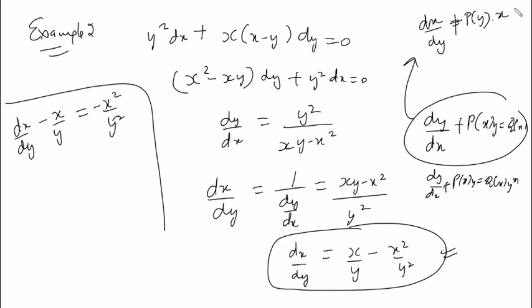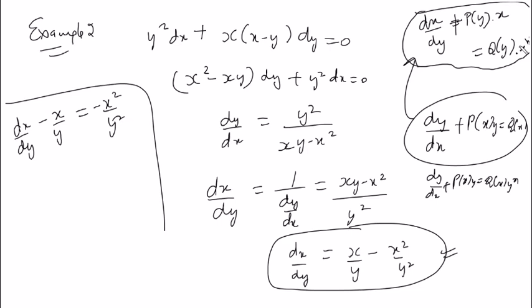Just as here it is a function of x into y, we are swapping the roles of x and y, so some function of y will be there into x, and on the right hand side again q will be a function of y into some power of x, which I am writing in general for Bernoulli's, that covers both. Now if the power of x is not present, obviously this will be linear, otherwise the Bernoulli's type. So this is, you can say, the corresponding form of dx by dy.